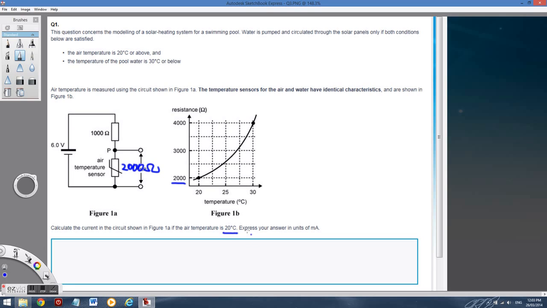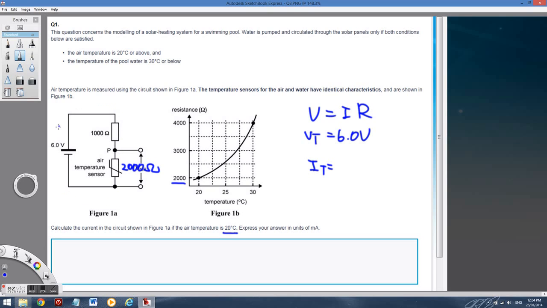So we need to find the current. We know V equals IR. We know the total voltage, which is 6.6 volt. We need to find the total current, because it's a series circuit so the current doesn't change.